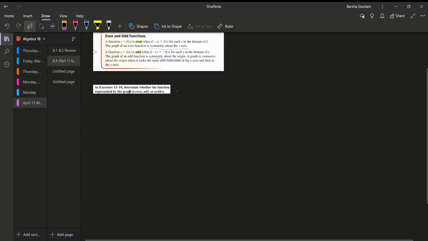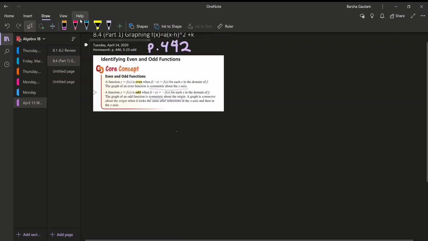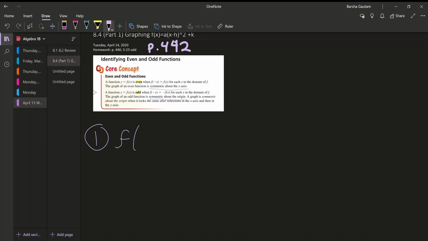Let's delete this. Delete that. Alright. And let's erase this right here. Okay, so let's start with this one. So we have f of x is equal to 2x.